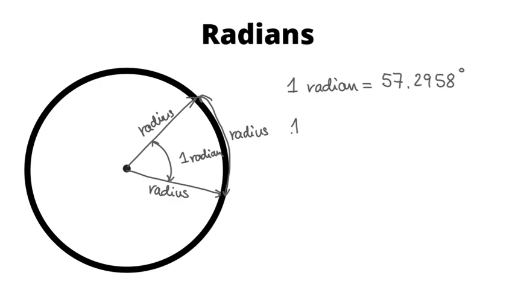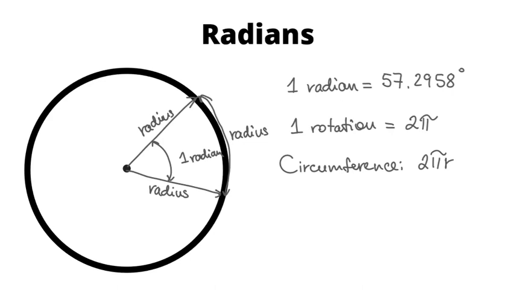One complete rotation around the circle can be described in radians using the constant pi, 2 pi. Recognize it? Right, it's used in the circumference. The circumference of a circle is 2 pi r, right?